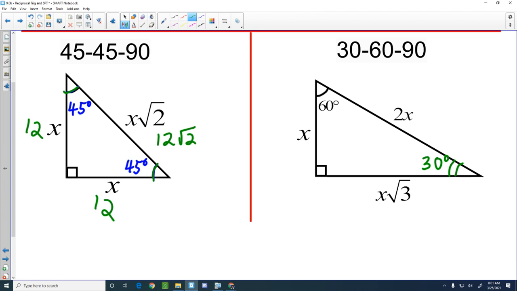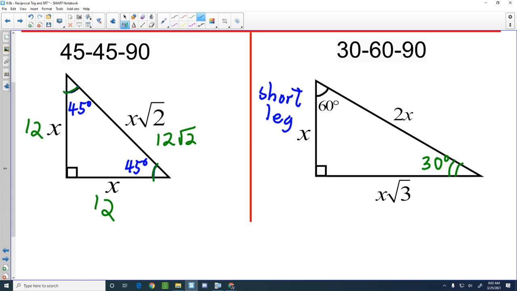The best way to remember these is, well, we all know what the hypotenuse is. That's the longest side. But then you've got two legs, and the legs are different. The way I differentiate them is I call them the short leg and the long leg. The way you identify the short leg versus the long leg is by looking not just at the diagram, because diagrams can be deceptive.